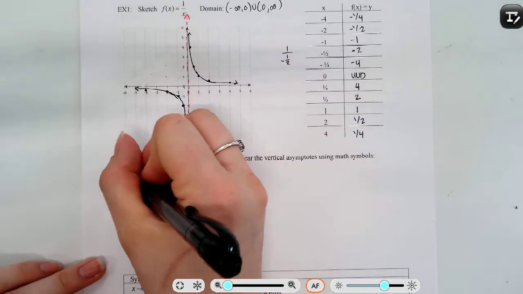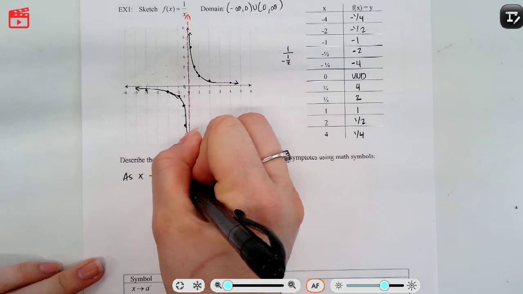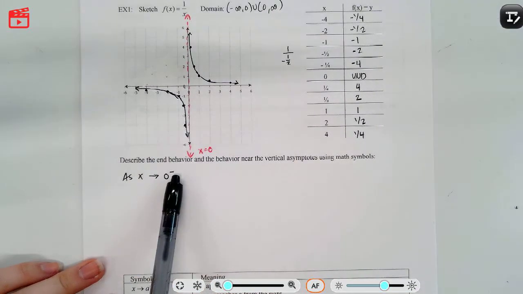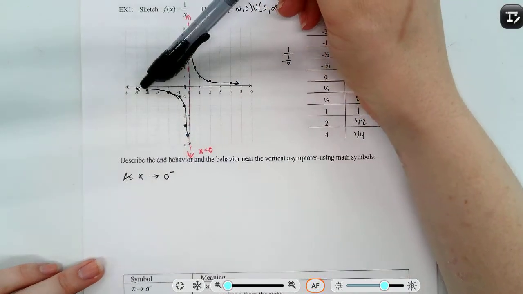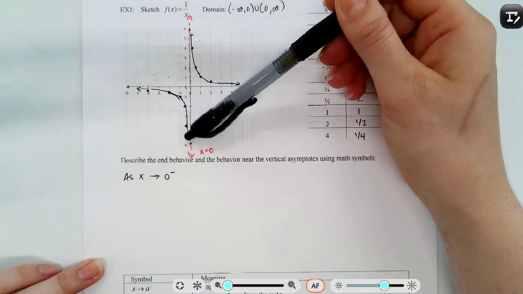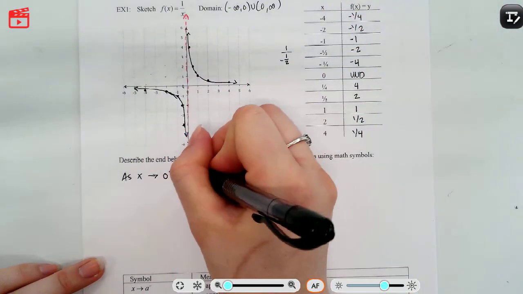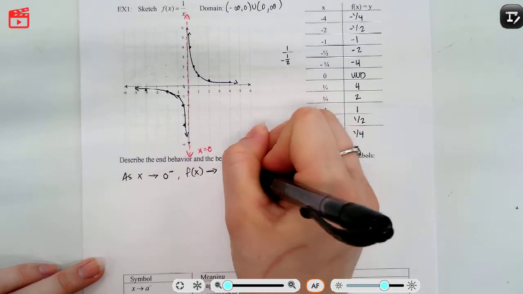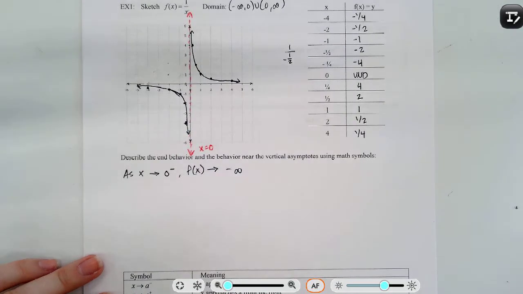So as x approaches 0 from the left, what does that mean? Remember, the negative means from the left. As we're coming in from the left, tracing our graph, what happens to the y values as it approaches 0? The y values start shooting down towards negative infinity. So f of x approaches negative infinity as my x values approach 0 from the left.